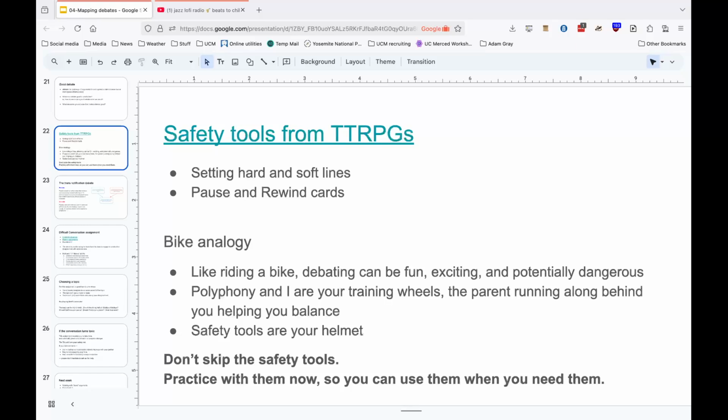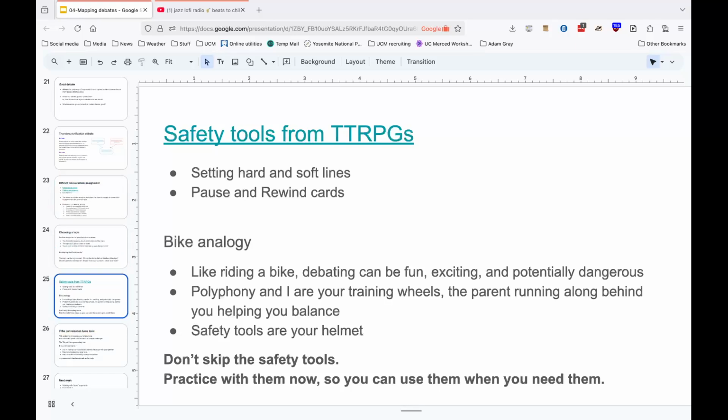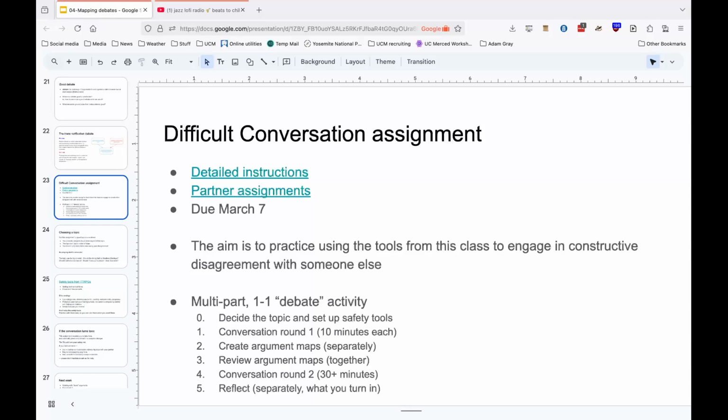In the last few minutes here, I'm going to introduce an extended assignment that you are going to be doing with a partner, where you will be having a debate among the two of you. Let's actually do this. We'll just get into the assignment and I will use that to frame the slide I just moved.